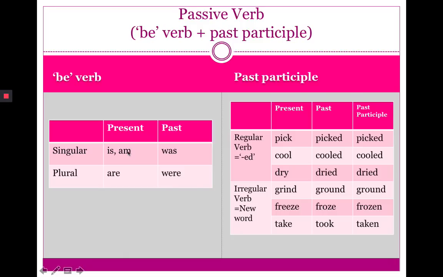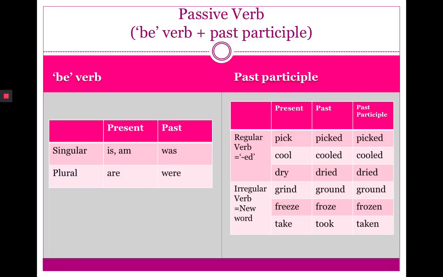For the be verb, you have a singular form and a plural form. How to differentiate the usage? You have to look back at your object in front. If the object is one, then you must use a singular be verb. If the object in front is plural, you must use a plural be verb.